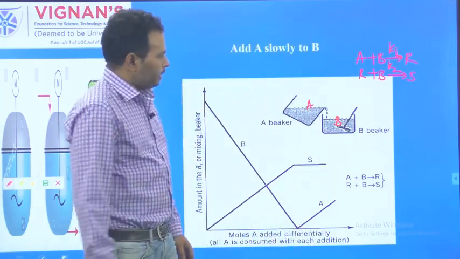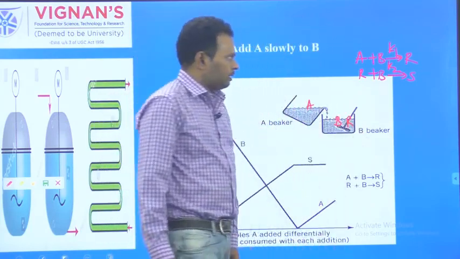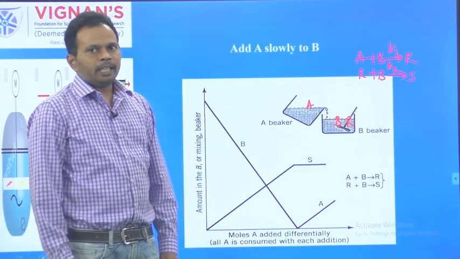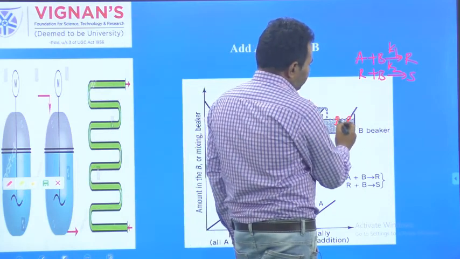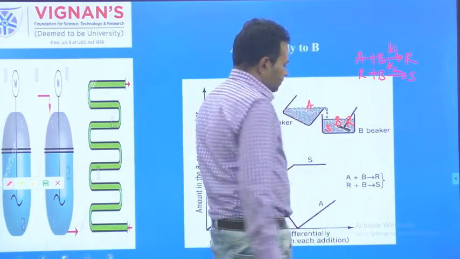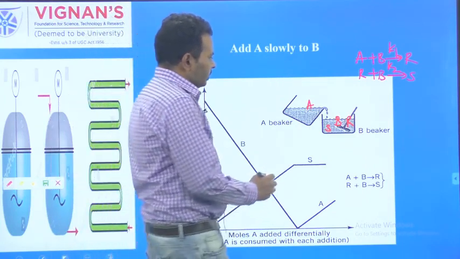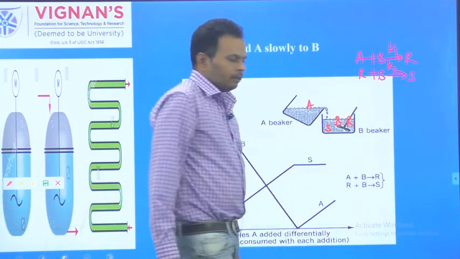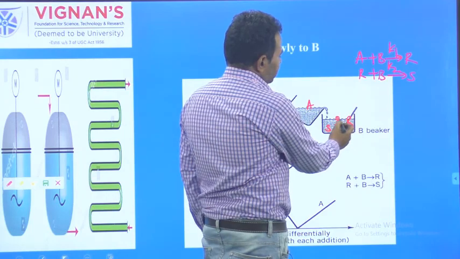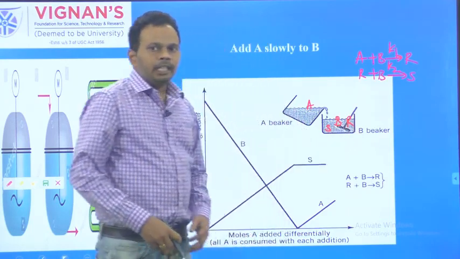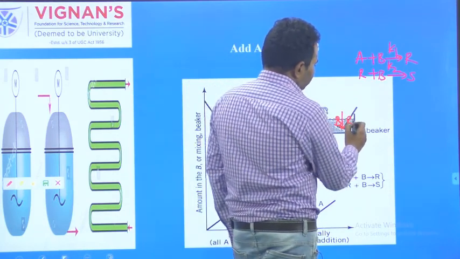For the first bit, A reacts with B and produces a small amount of R. Immediately, whatever R is produced reacts with B and produces S. For the next bit, A again reacts with B, produces R, and R immediately reacts with B, produces S. If we keep on adding A, the concentration of B decreases and the concentration of R is approximately 0.